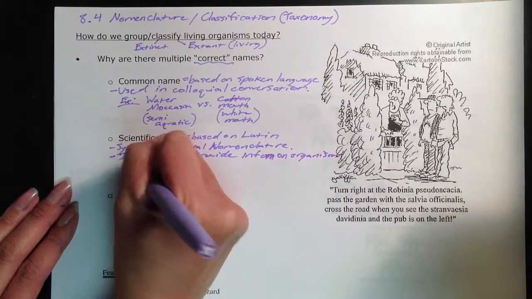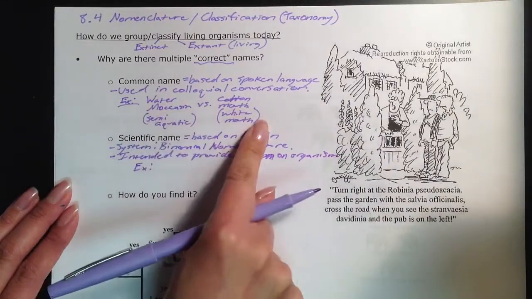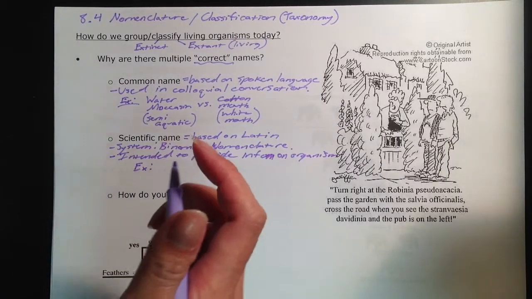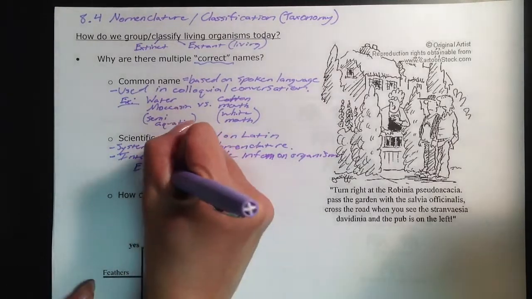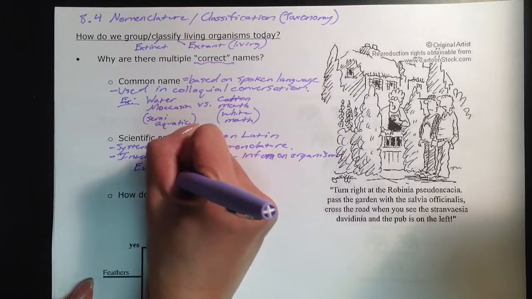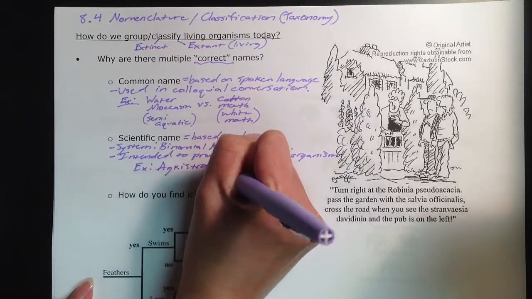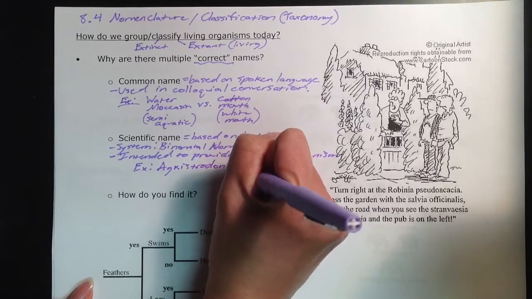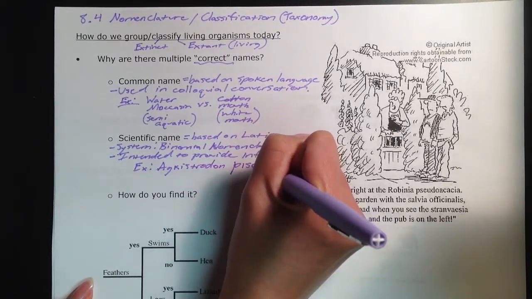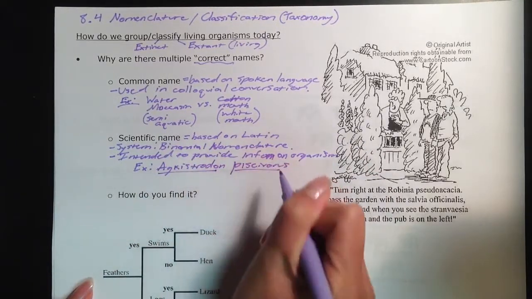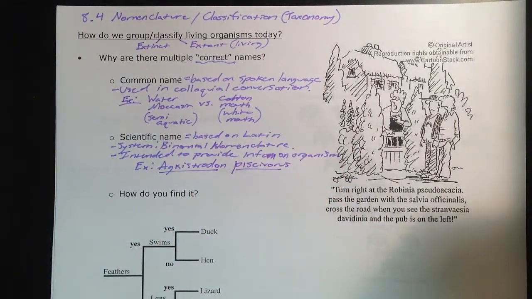So, an example, with the same snake, the water moccasin or the cottonmouth, its Latin name or its scientific name is Agkistrodon piscivorus. And usually this name, if we were writing it out, we'd actually underline it.